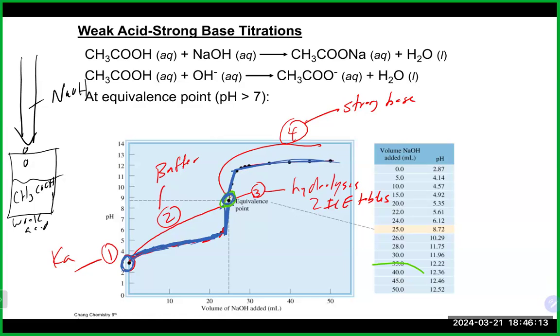Same thing here. If I know I'm before the equivalence point, I should have a buffer problem at some point. If I'm at the equivalence point, I should have a hydrolysis problem, and so forth. So I would highly recommend that you think about where you're at as you're doing these. That oftentimes can help you focus on how to do the calculation. Any questions on that?